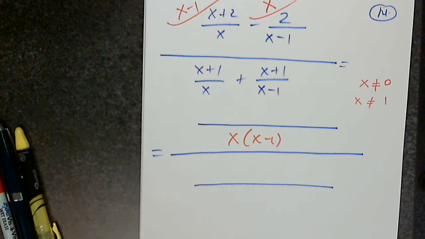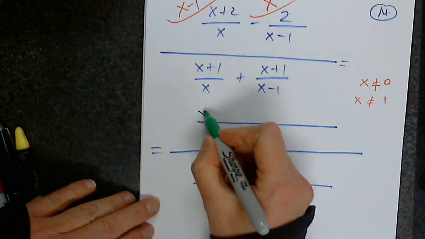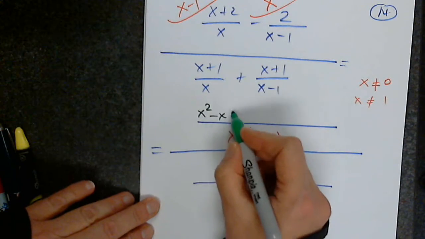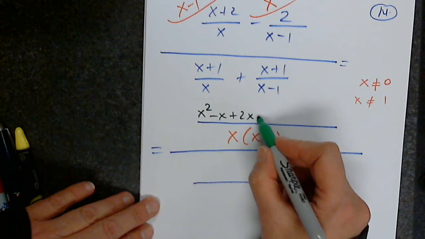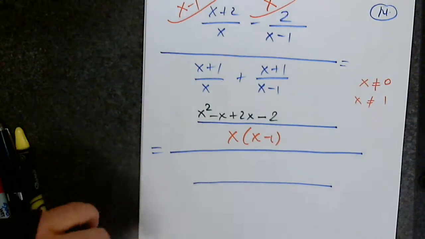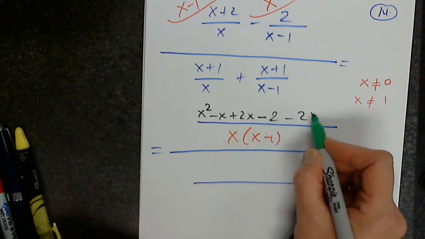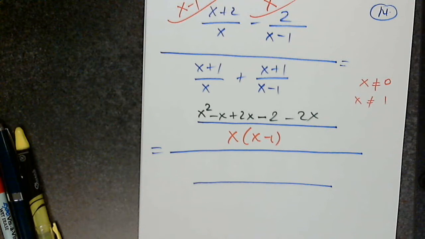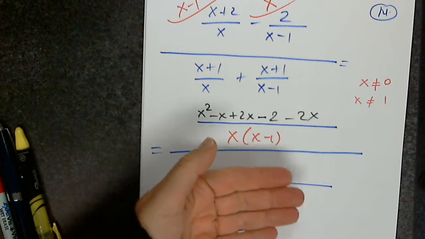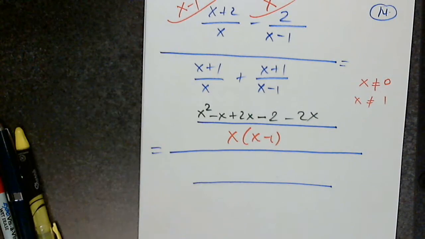And now the numerator is x squared, negative x, and 2x, and then negative 2, and then that's all minus 2x. That's it. So see, in one step, I'm almost done with the top. I have to wait for a minute to finish the step for the denominator, but then I will just combine like terms, and it will be done.